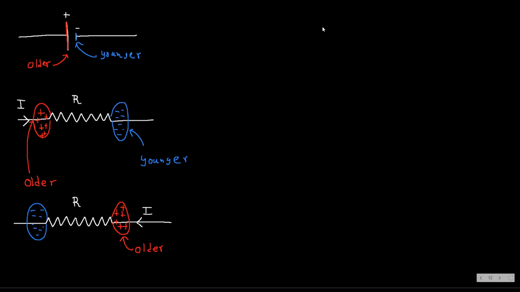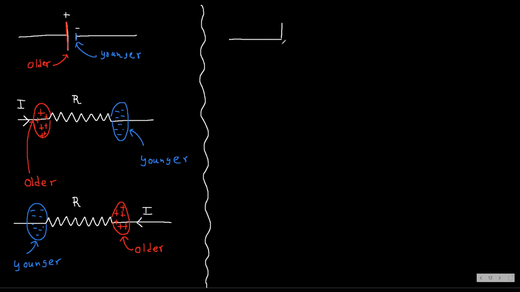Now remember those things. It is very important for our next part. Now I'm going to discuss how to calculate the voltage or potential at a point in a circuit. First, I am going to discuss a part of the circuit.